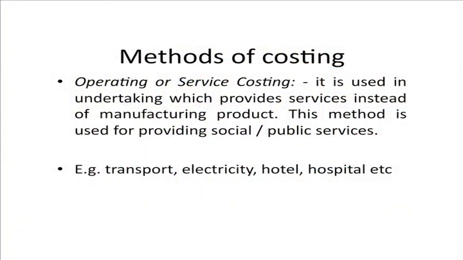The next one is operating or service costing. It is used in undertakings which provide services instead of manufacturing a product. As the name suggests, it is service costing or operating costing. So, where there is no raw material or physical product being manufactured, but there is rendering of service to the society or public at large, we use operating or service costing.